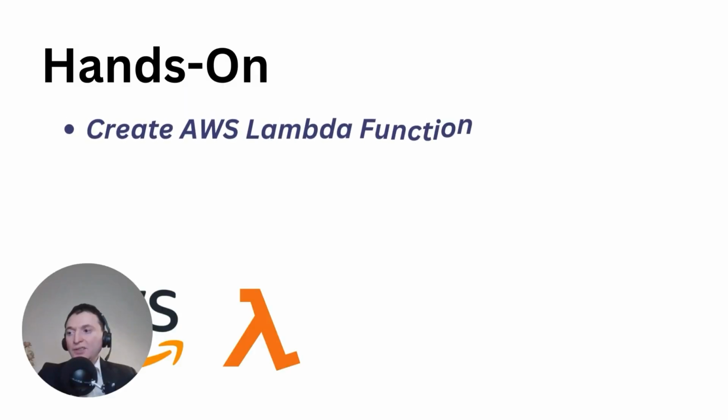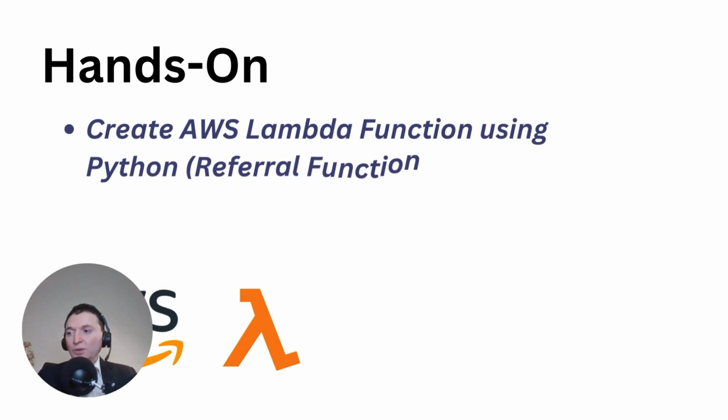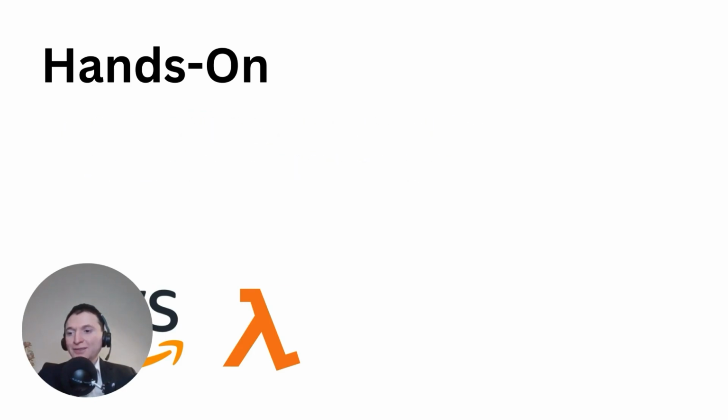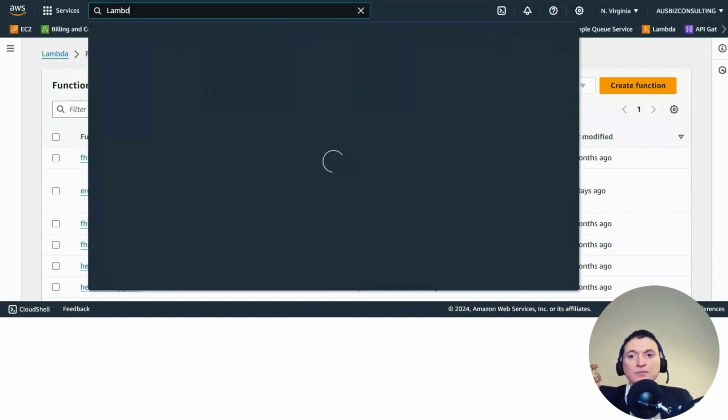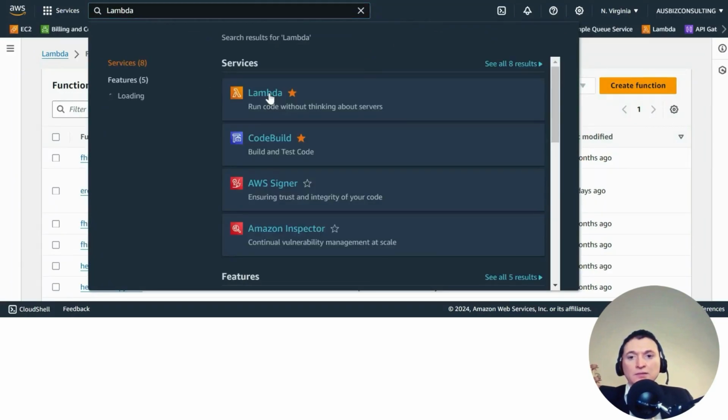Now that our database is created, let's go ahead and build our AWS Lambda function that accepts a referral. Okay, now let's create our Lambda function. If you recall, I clicked on Lambda.